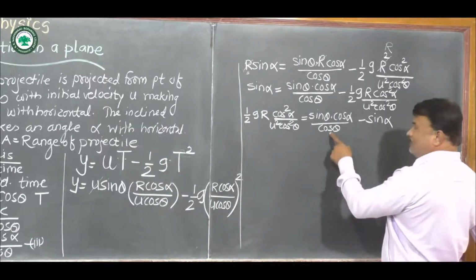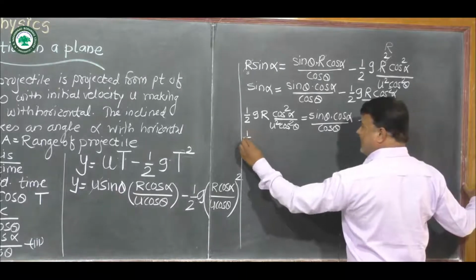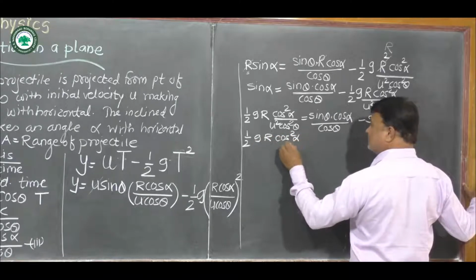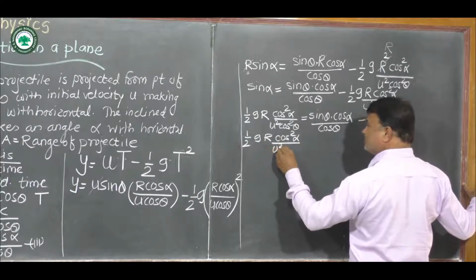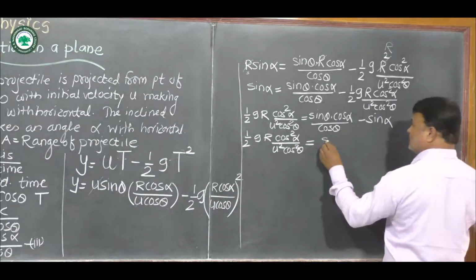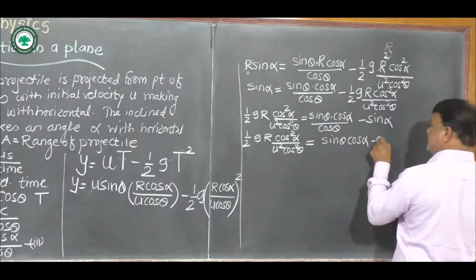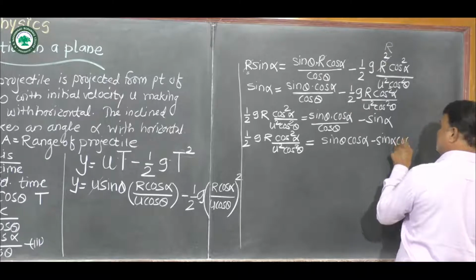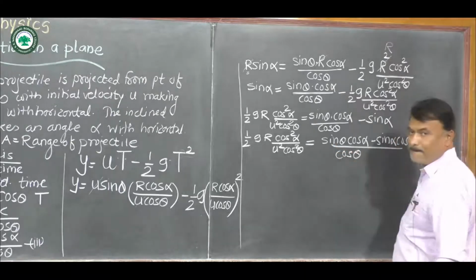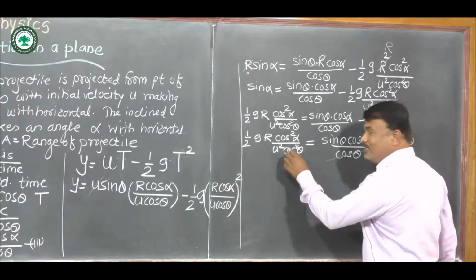Now we multiply this sin alpha by cos theta. So we write here half g into r cos square alpha upon u square cos square theta is equal to sin theta cos alpha minus sin alpha cos theta upon this cos theta. Now this cos theta and cos square theta get cancelled, and remaining is only cos theta.